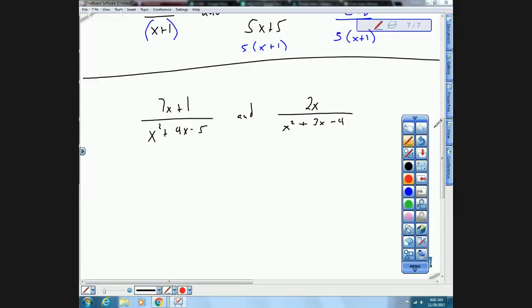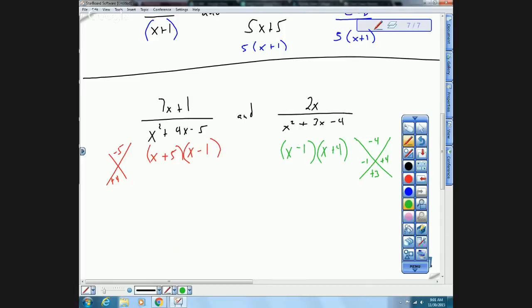So we know when we see the factor, we can automatically break these down. So it multiplies to be negative 5 and adds up to be 4. What, positive 5, negative 1? And on this one, what multiplies to be negative 4 and adds up to 3? Negative 1 and 4. So now that I've broken both of those down, you can look at your LCD.